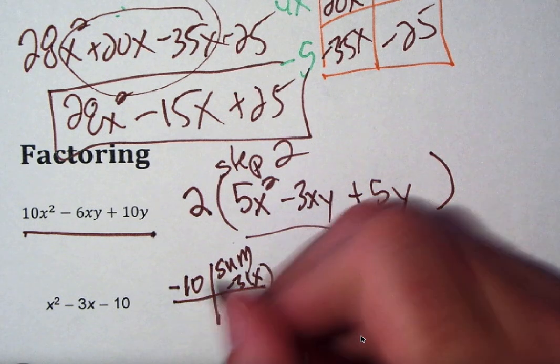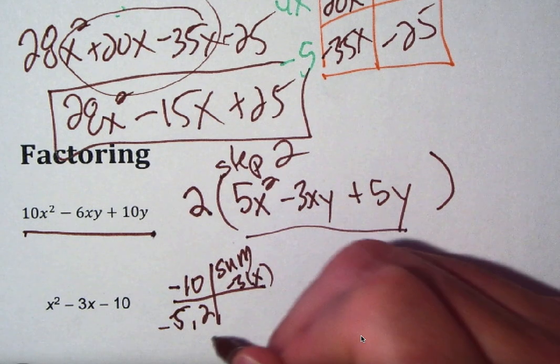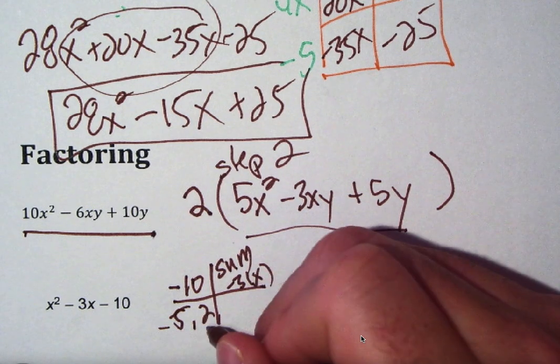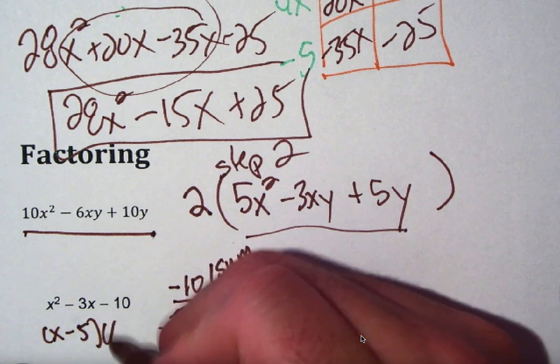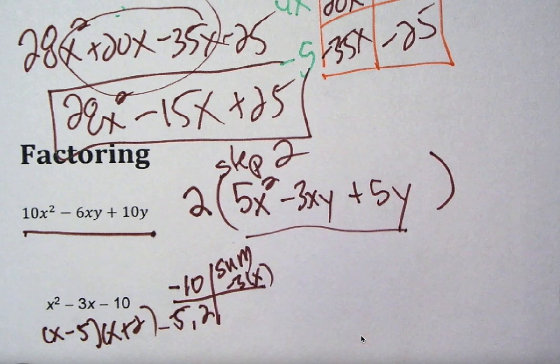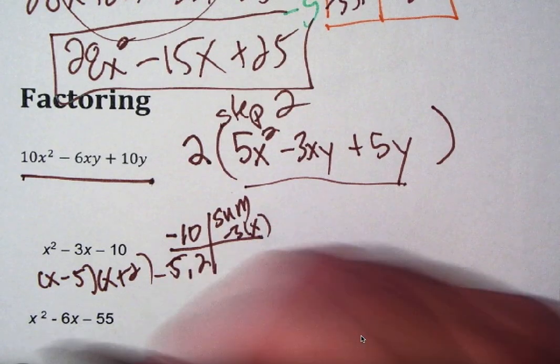And that would be some sort of 5 and 2 combination. Negative 5 and 2. Okay, and because it's x squared, we can go right to our shortcut like so. All right, and again, we're reversing distributive property.